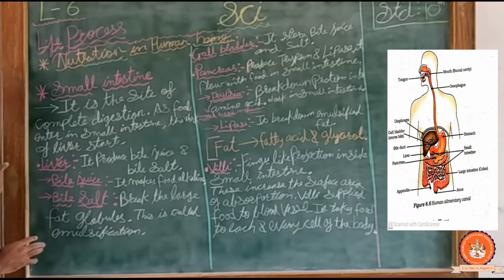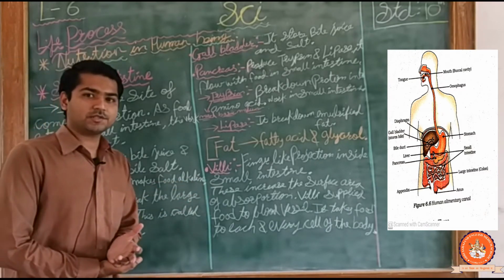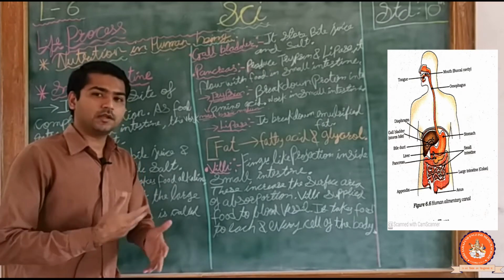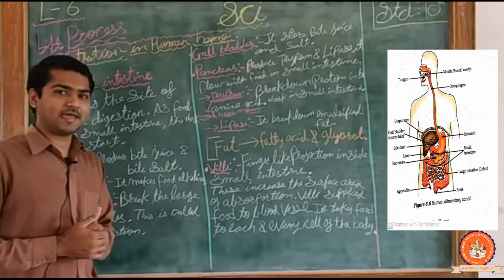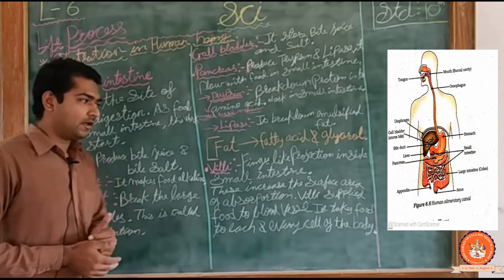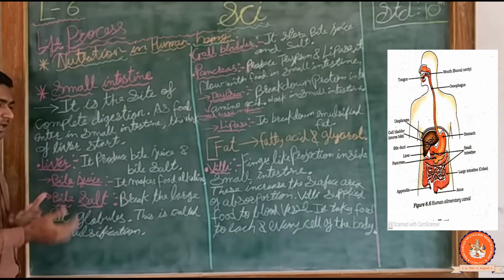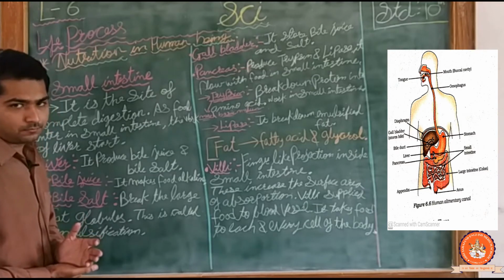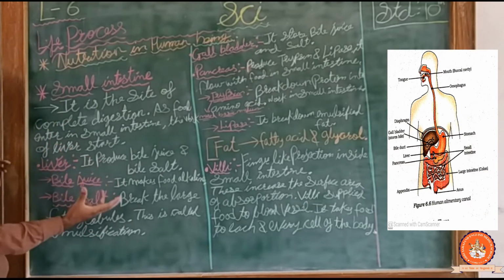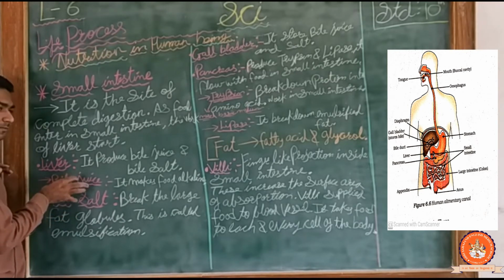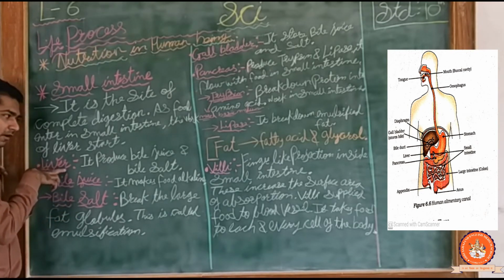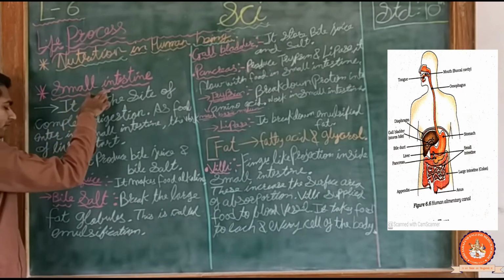Students, you have already studied what alkaline is. I recall that alkaline means basic. Initially the food is in an acidic medium, clear? Now here the food becomes a basic medium, clear? So who converted it to a basic medium? Bile juice, which is produced from the liver, in the small intestine.